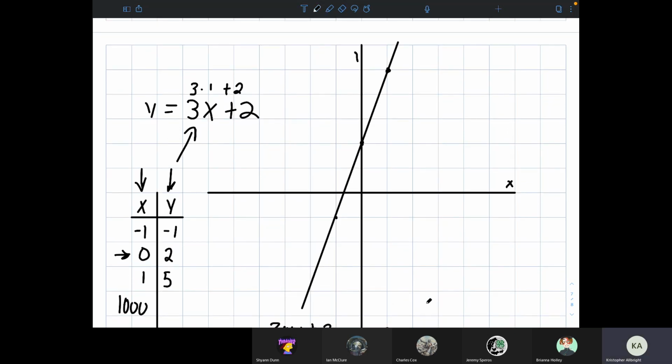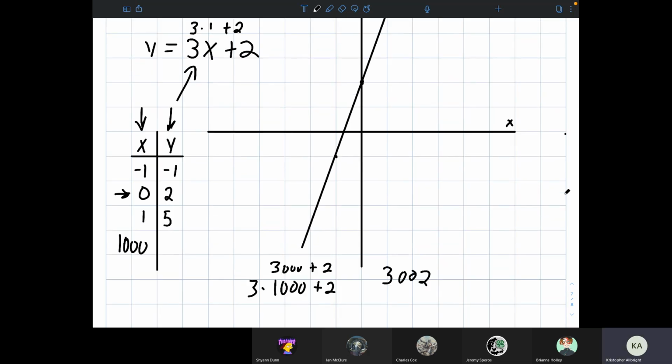And if we go to graph that, that's going to be kind of difficult because we can't go over 1,000 and we can't go up 3,000. So either way, the point is that no matter what you plug in here, you're going to get something out that you can graph on this graph. And the table of values is all about choosing reasonable values, so that way when you graph them, it makes sense and you can actually put them on the graph.